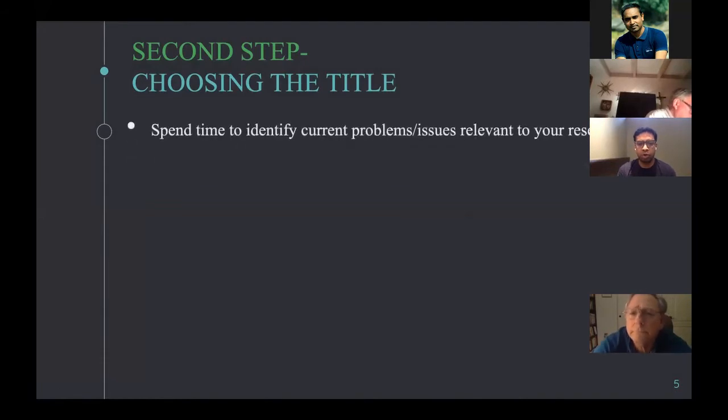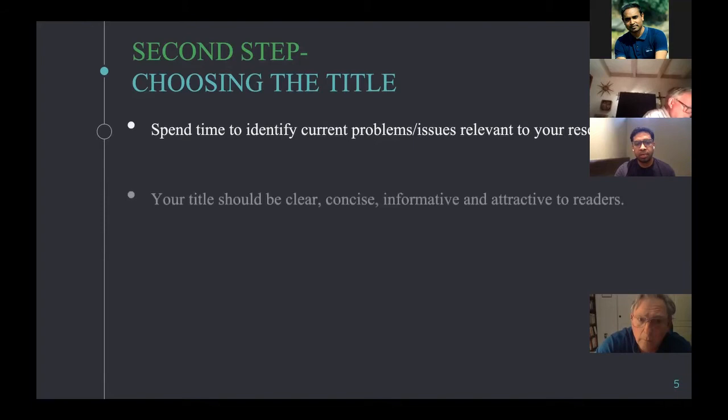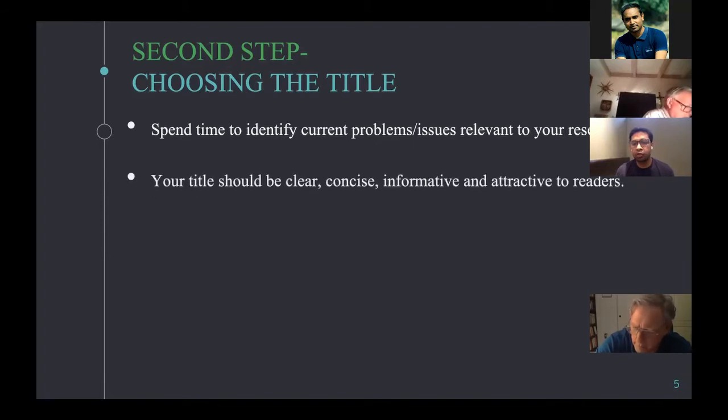So take your time and think before you choose your title, and spend some time to identify the problem or issues you are looking to write about as a review paper or research article. Your title should be very clear, concise, informative, and moreover, it should attract a large number of readers.